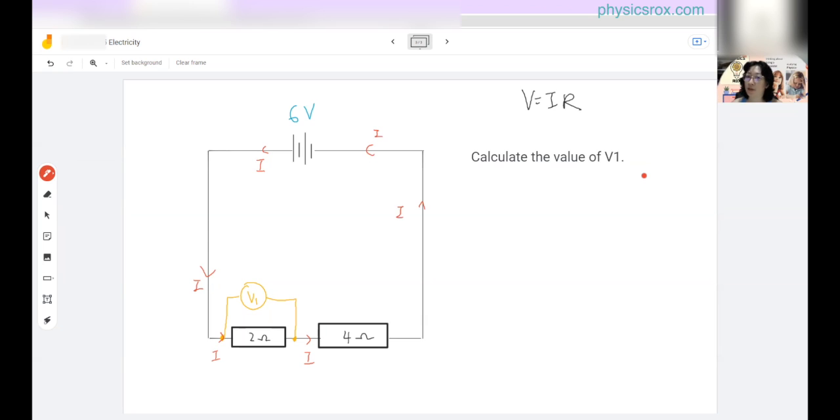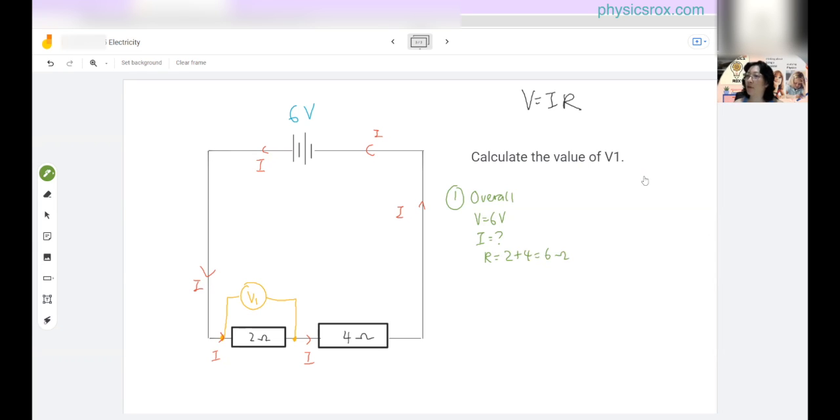Because we have V. When you use this formula, V equals IR, first of all, let's look at it from the overall perspective. Overall means the whole circuit. For the whole circuit, V is 6 volts, and I we don't know. But the total R is a series of 2 plus 4, which gives you 6 ohm.